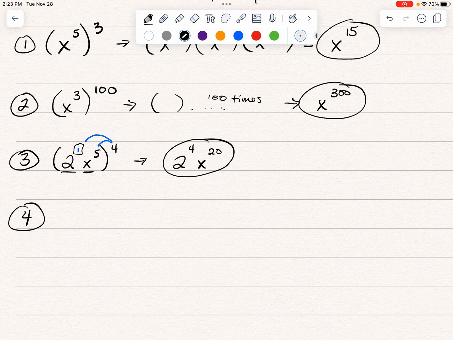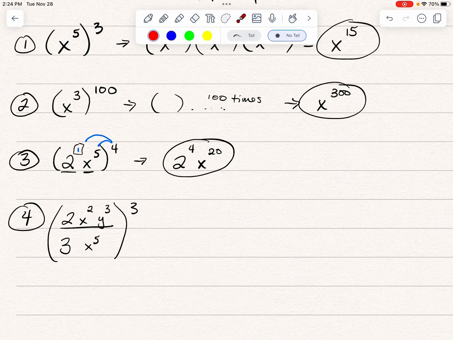All right, let's say we have multiple rules here. So we have something all raised to the 3rd power. I have 2 over 3 x to the 2nd, y to the 3rd, all over x to the 5th. Okay?